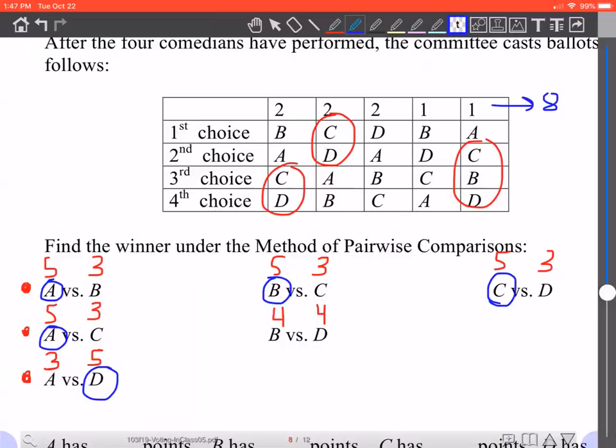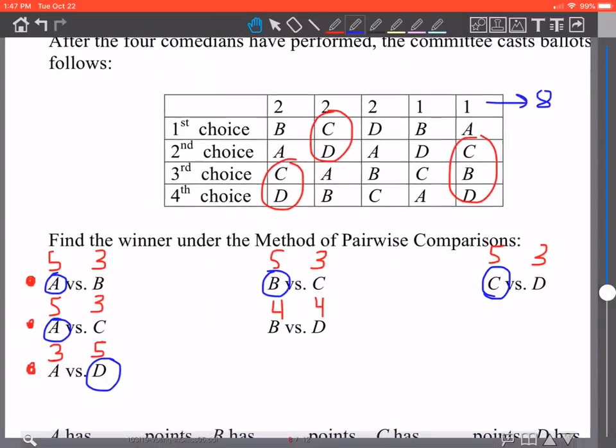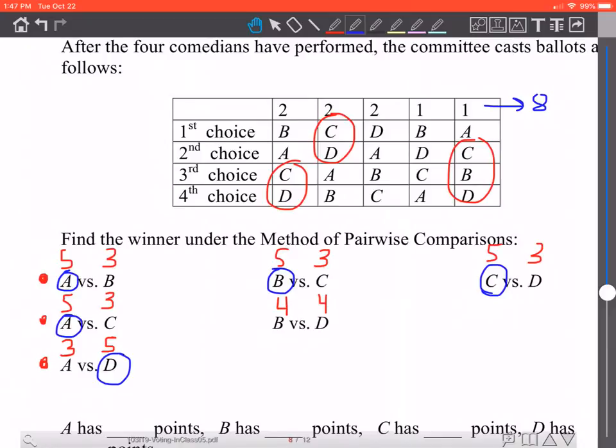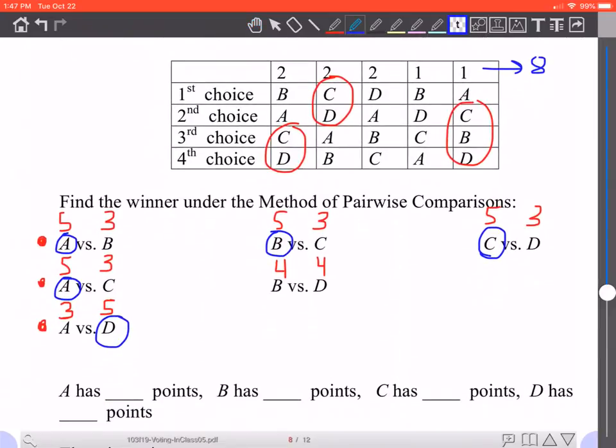All right, so let's tally up the points. Just going to scroll up a little bit so we can see that. A is going to have 2 points. B has 1.5 points. They were in a tie. C has just 1 point, and D has 1.5.